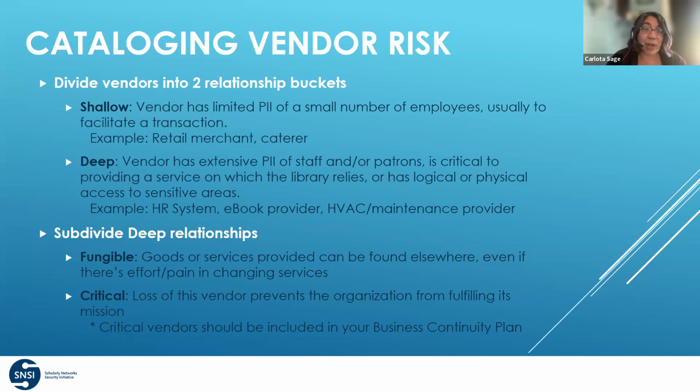Your HVAC maintenance provider, as I mentioned earlier: if you've got a rare book collection or rare goods collection that has to be climate controlled, and by maintaining that system they have access to those books, or failure to maintain it means those books are at risk, now that is a deeper relationship.